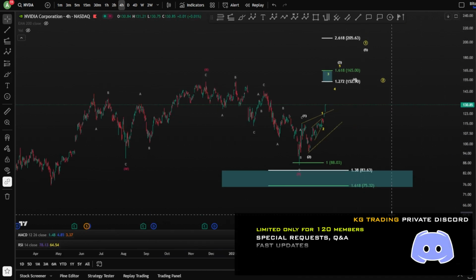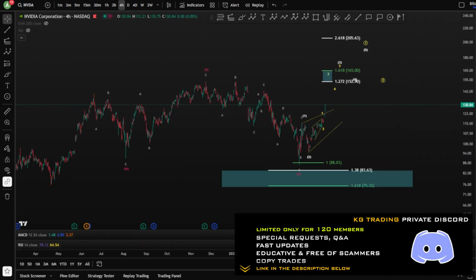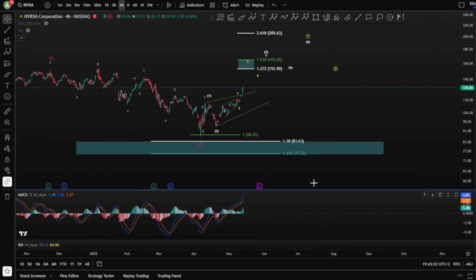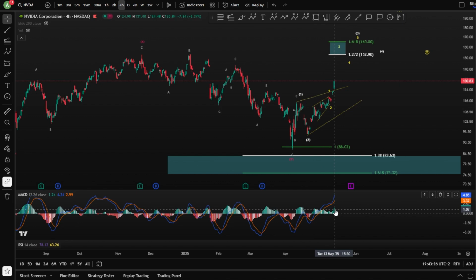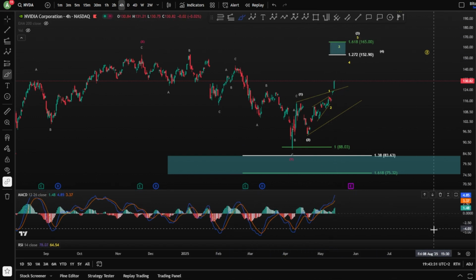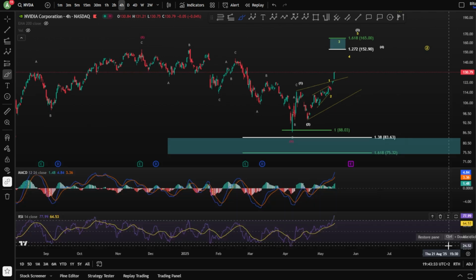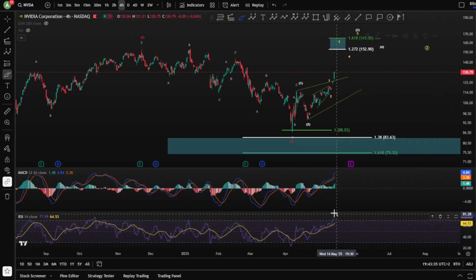On the indicators, we can see as well that there are already some good bullish signals. We're still in increasing green momentum, with the MACD line and the signal line open for higher. We are already in the overbought area for the RSI on the 4-hour chart, but that doesn't mean we are moving down.